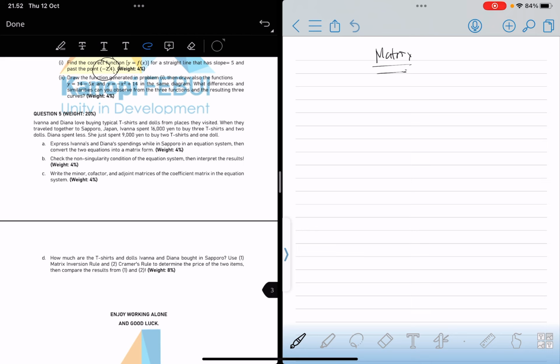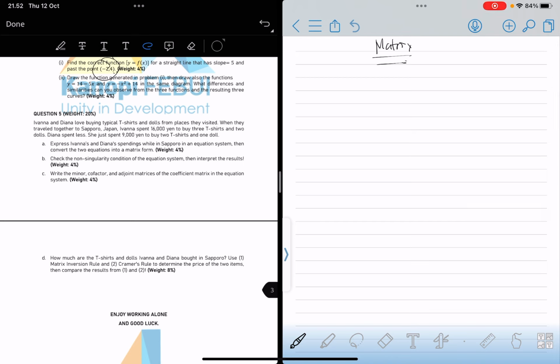But I'm certain that you have been explained in the class by your lecturer, so in this chance I'd like to just explain the answer of last year's midterm exam. So I'd like to jump into question 5.